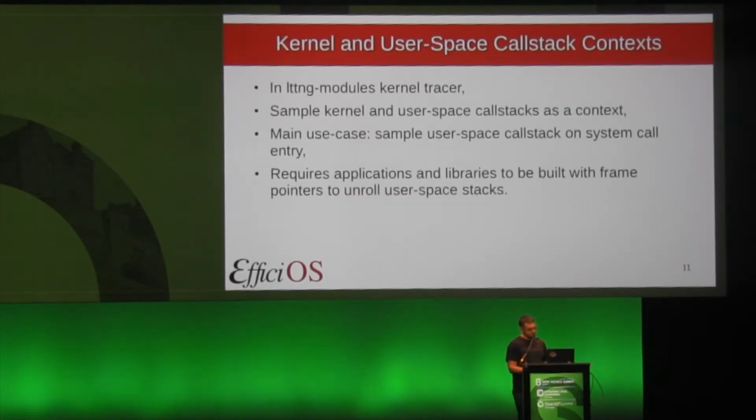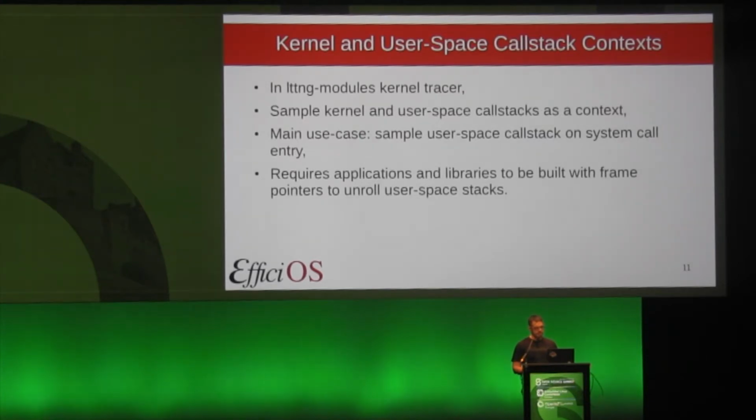Sampling the callstacks. In the kernel tracer, at the moment only, we added this facility to allow sampling the kernel and user space callstack as an optional context. The user can specify that they want to add a context to the kernel or user space tracer, a user callstack or a kernel callstack.